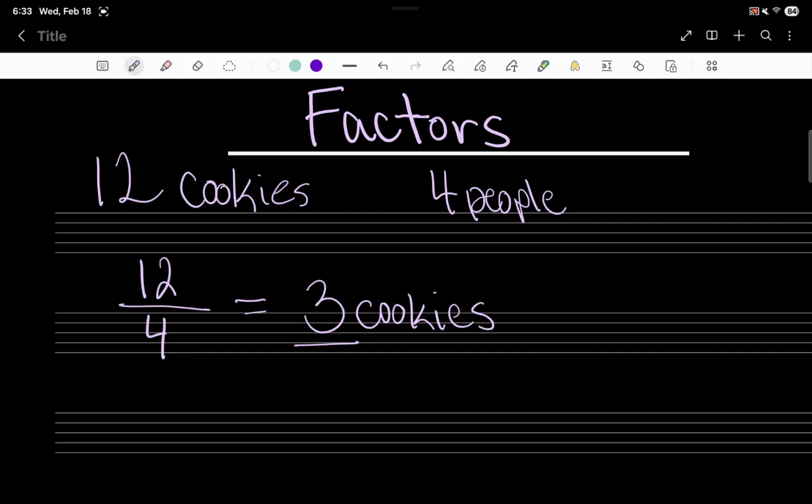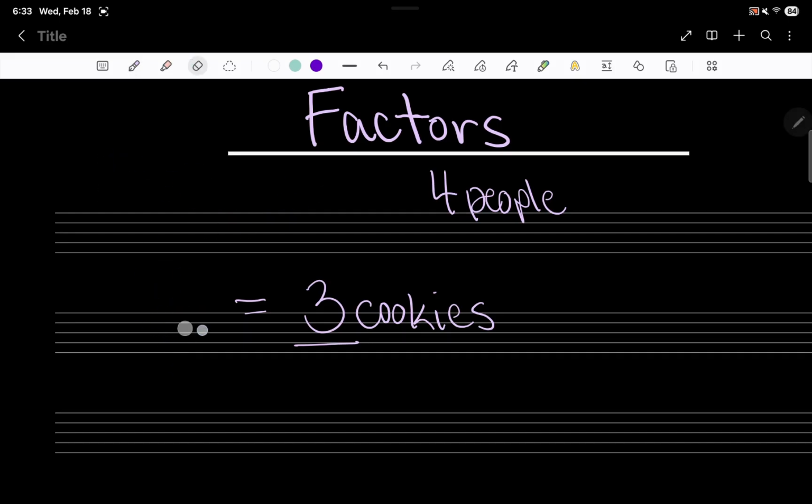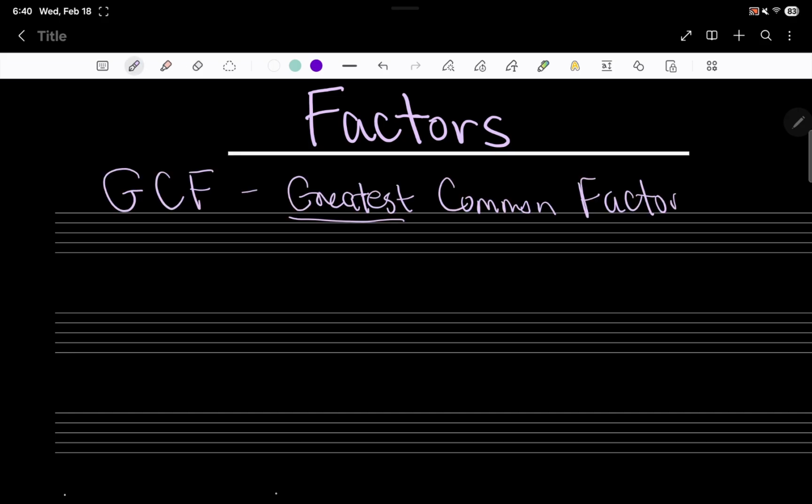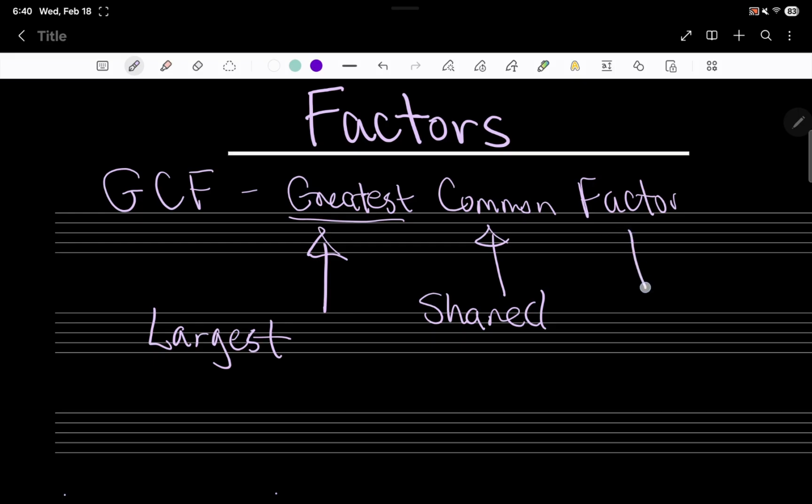Now, let's shift gears and look at something that some of you may be familiar with: greatest common factors. Greatest means the largest, common means shared, and factor, as we already discussed, is what divides evenly into that number.